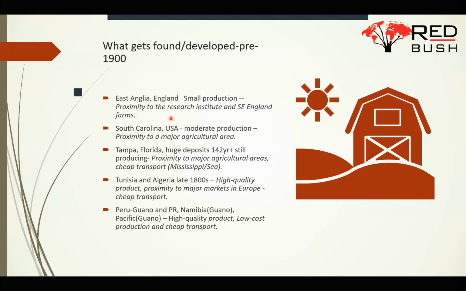Tampa, Florida, these are the monster deposits of the Gulf. That's 142 years and they're still mining. And this is proximity to major agricultural areas. And you have cheap transport. So Florida is supplying the American Midwest, and they can get fertilizer and materials up the Mississippi River, all the way up to Ohio, and I think Minnesota at the time.